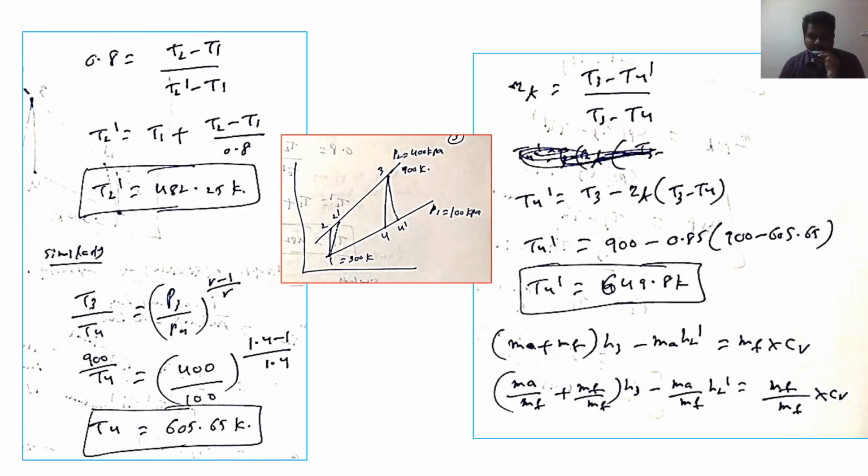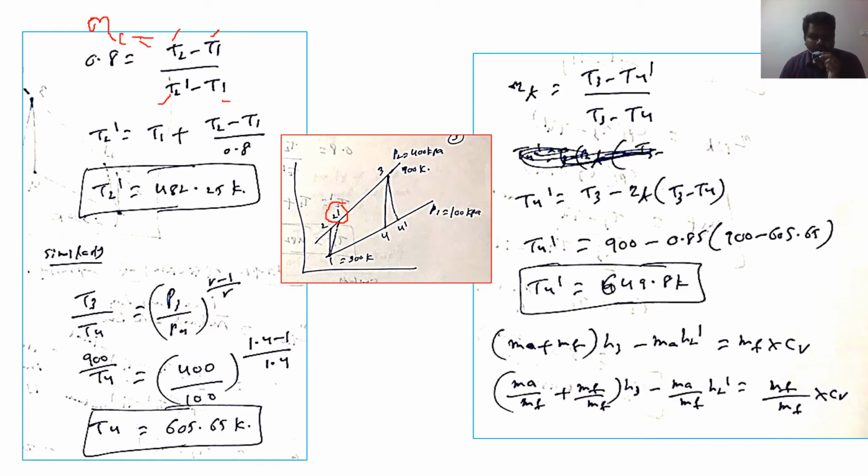Now let us find temperature at point 2 dash. To find that, we know that efficiency of the compressor equals T2 minus T1 divided by T2 dash minus T1.